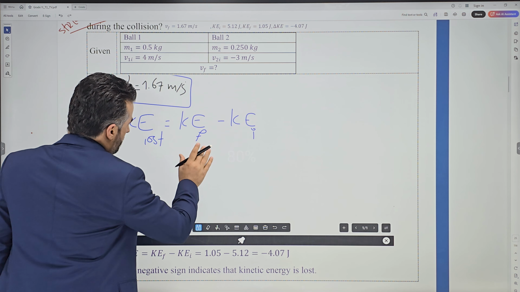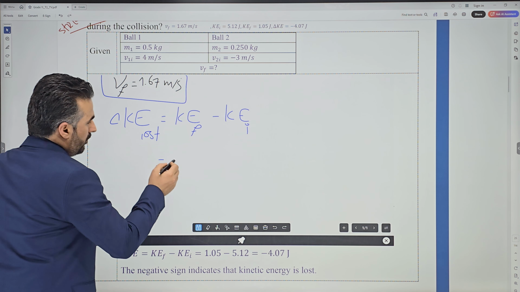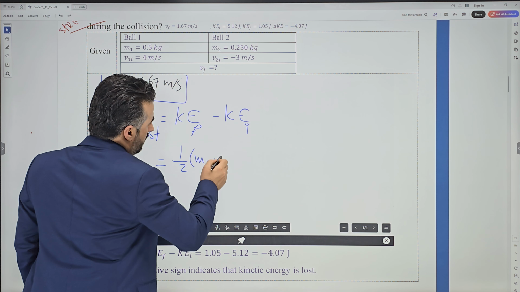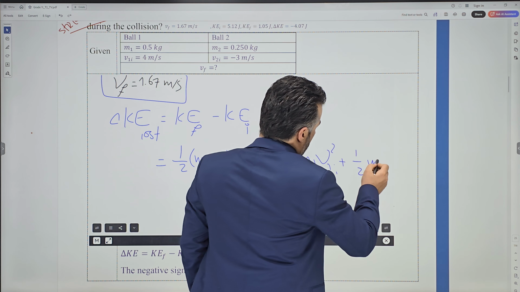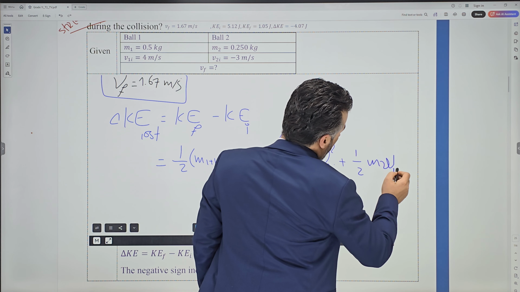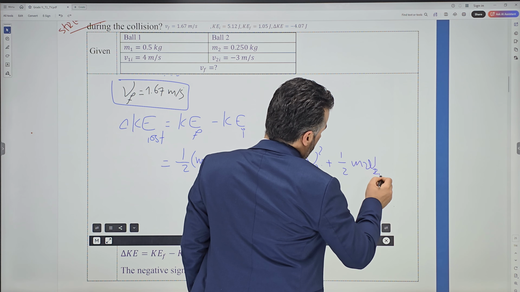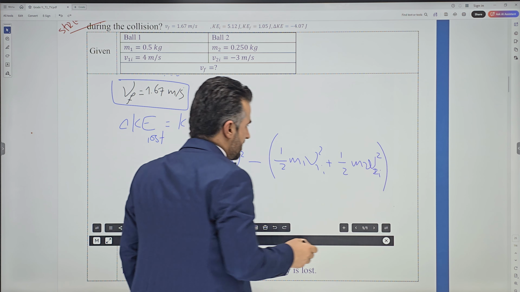For kinetic energy final, the equation is 1/2 times the two masses combined, m1 plus m2, times v final squared, minus the two initial kinetic energies, which are 1/2 m1 v1 squared plus 1/2 m2 v2 initial squared. This is what you need to know.